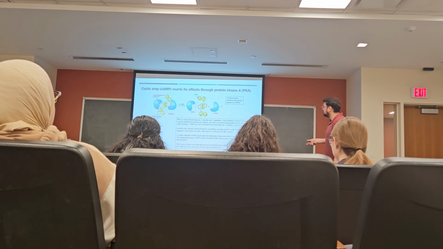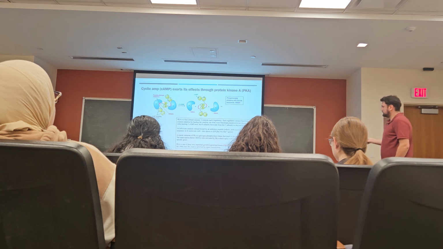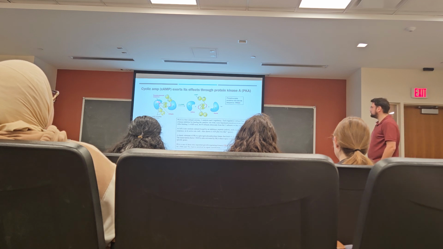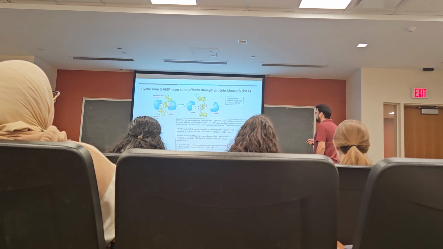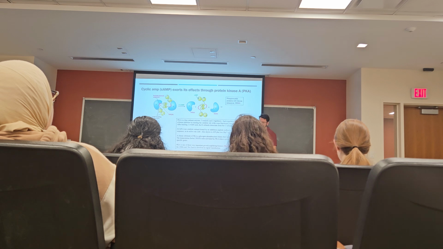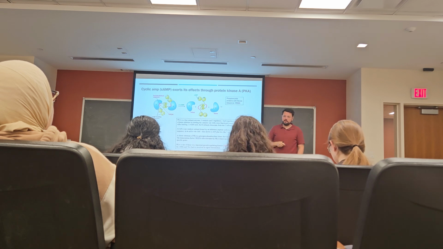A pseudo-substrate sequence is a sequence that resembles the consensus sequence, but is different enough that it can't be acted on. And the way that this pseudo-substrate sequence is structured, it's got this RRG, but in the place of serine, it's got an alanine, and then followed by isoleucine, so it's RRGAI.